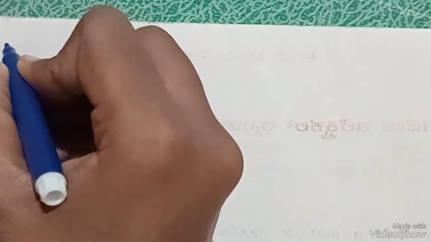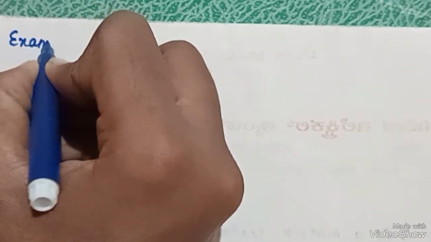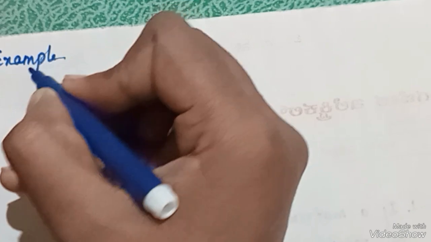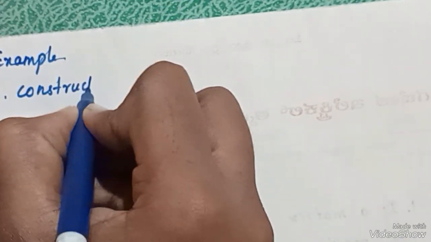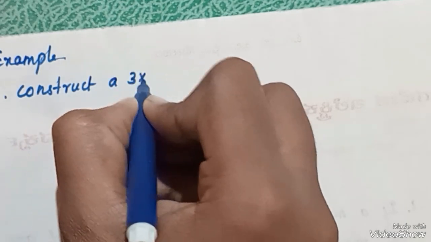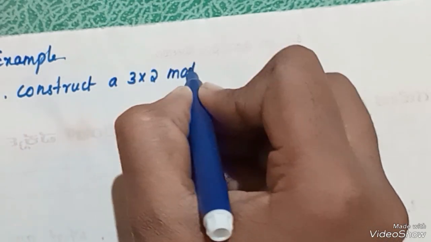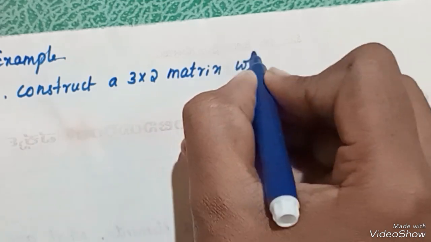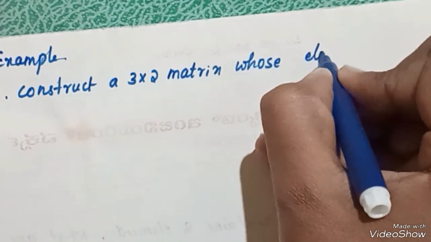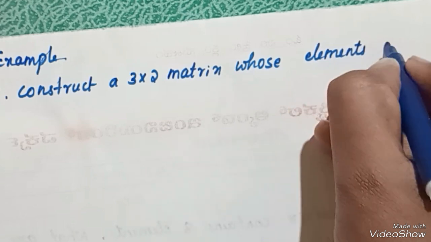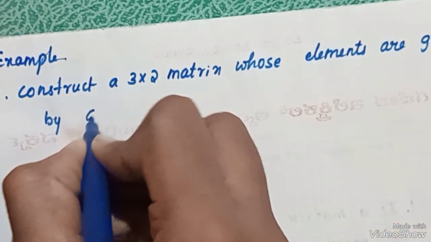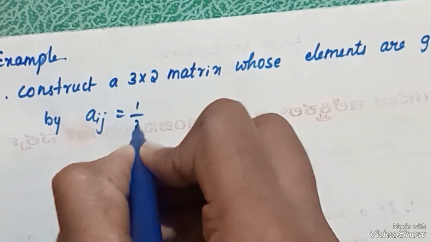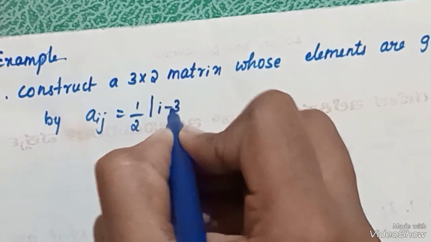For example, construct a 3 cross 2 matrix whose elements are given by Aij equals 1 by 2 modulus of i minus 3j.